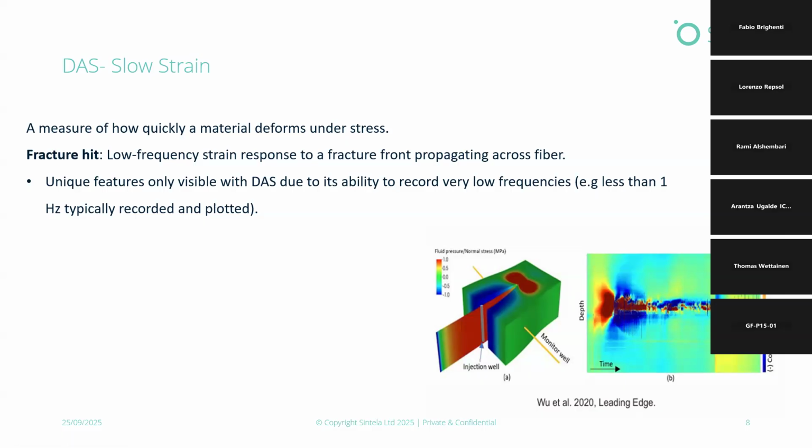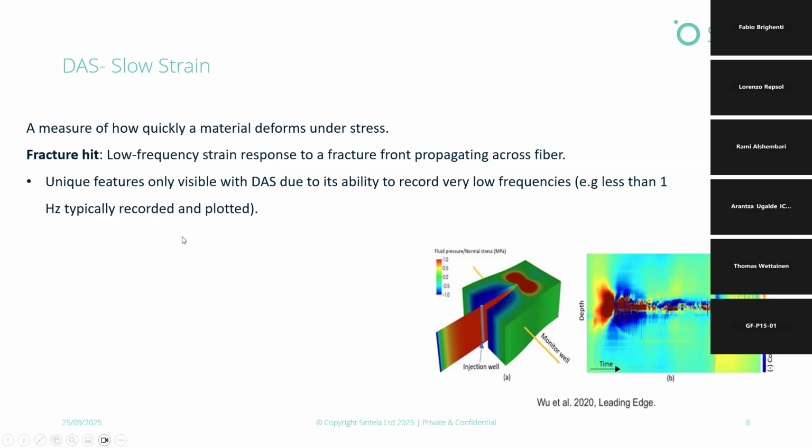In oil and gas, this is a very standard solution and process to look at fracture propagation and understand the production of the well. When the injection stops, everything relaxes, the compression builds, and we don't get any more fracture hits. So this is slow strain. It's only visible on DAS because of the low frequency, less than 1 hertz response.